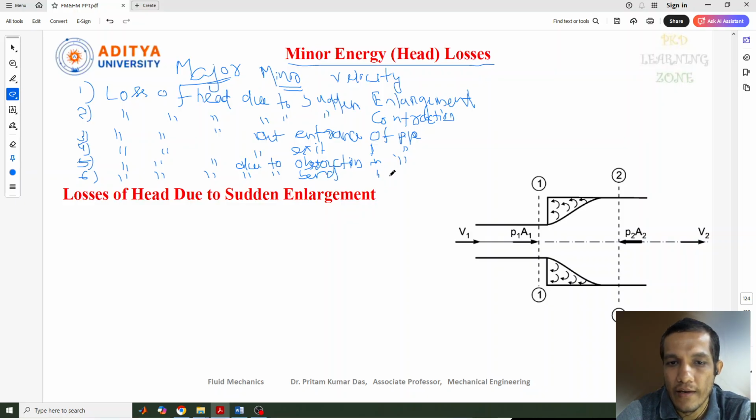And the last one is the loss of head due to various fittings in the pipe. So these are the regions for the minor losses, and one by one we'll see all these losses in our lectures.